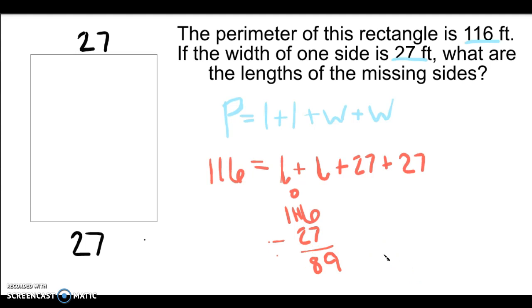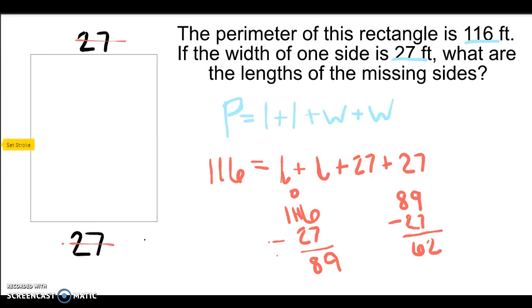All right, I subtracted this one. Now I have to subtract this one. 89 minus 27. All right, so once I take away the side lengths I already know, 62 is what's left.